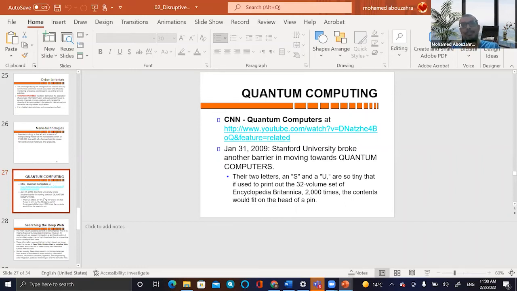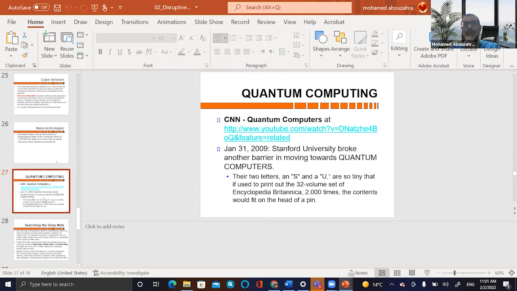Okay. Again, I don't want to dig deep into the technical aspects of quantum computing because it's related to physics more than IT, and quantum mechanics. So I won't dig deeper into spinning electrons and the difference between quantum and traditional computing.